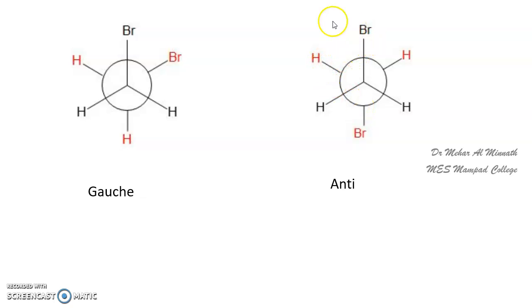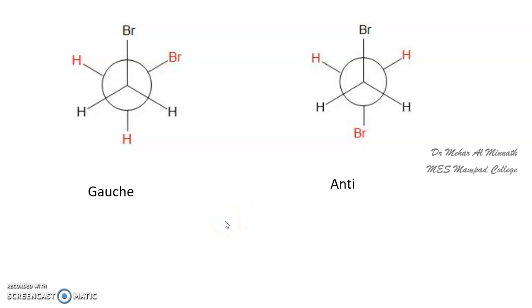So in anti-conformation, there is no question of van der Waals repulsive force acting. None of the groups are going to interact with each other because they are all placed farther apart. And also in anti-conformation, there is no provision for the dipole-dipole interaction.